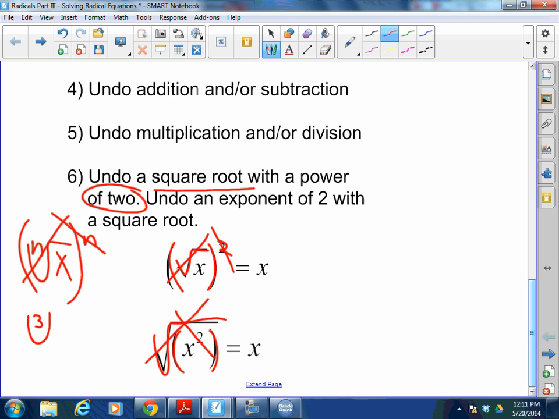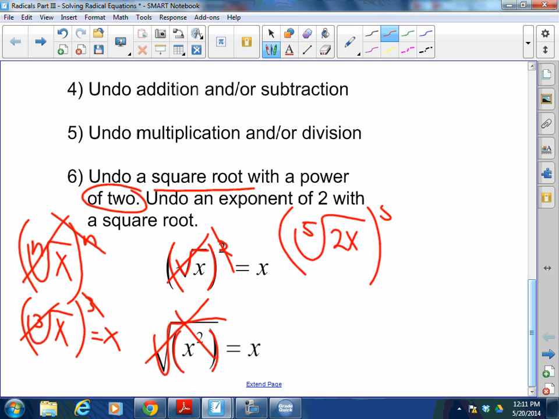So if I want to get x alone here, the cube root of x, I'm going to cube it, and then that would equal x. If I have the fifth root of 2x, and I want to get that out of there, I go ahead and raise it to the 5th power. That radical cancels out with that exponent.